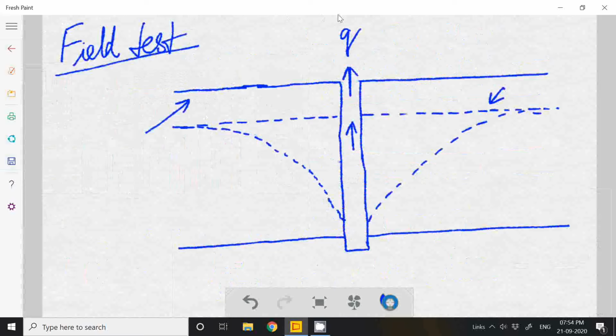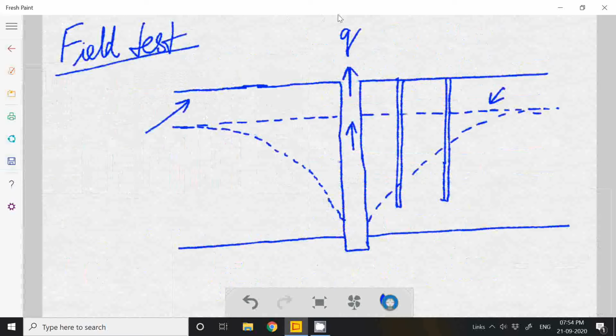Now what we do is we construct two other observation wells, like this. And we see the depth of water in the two observation wells.